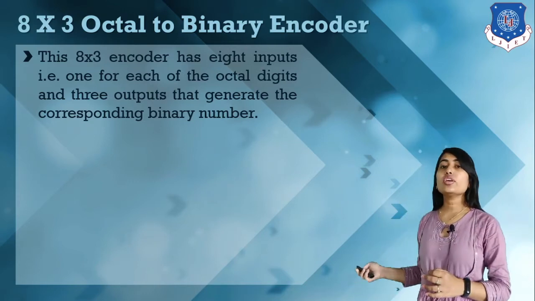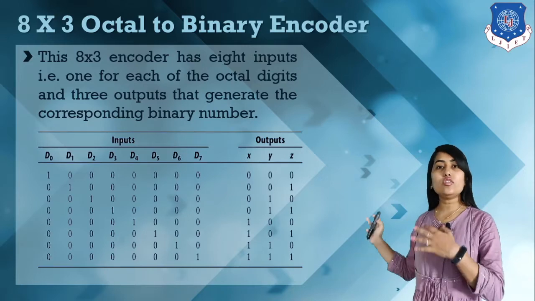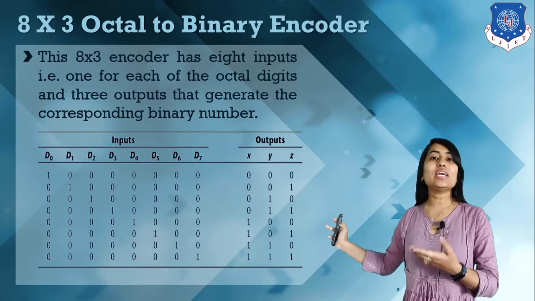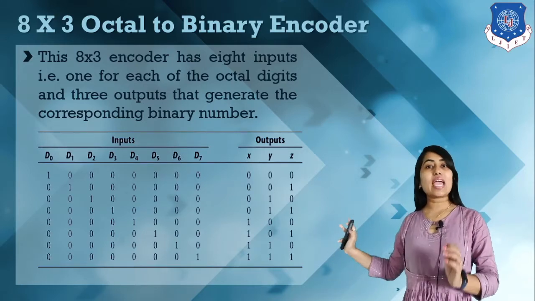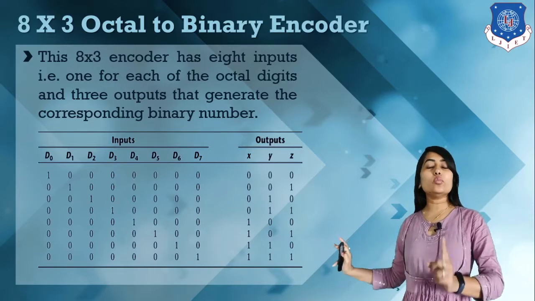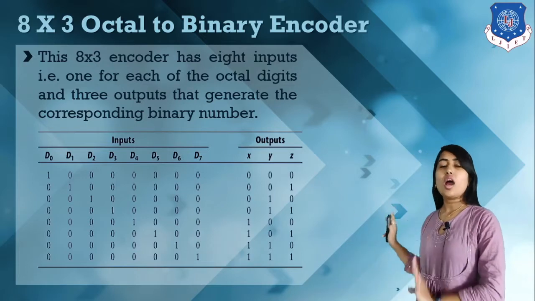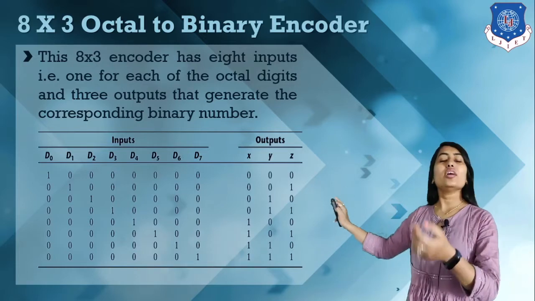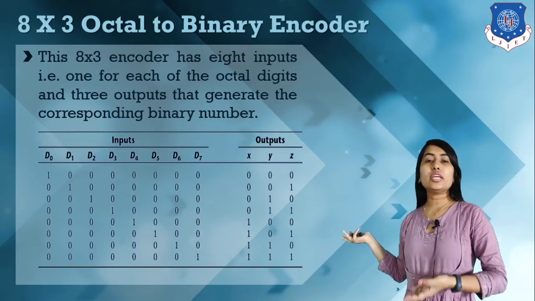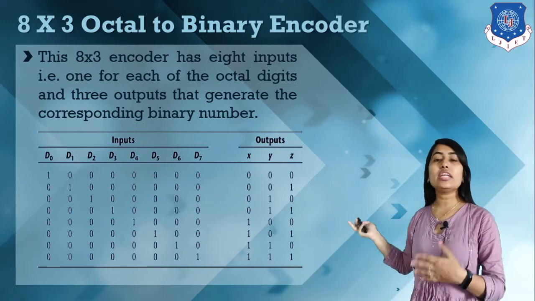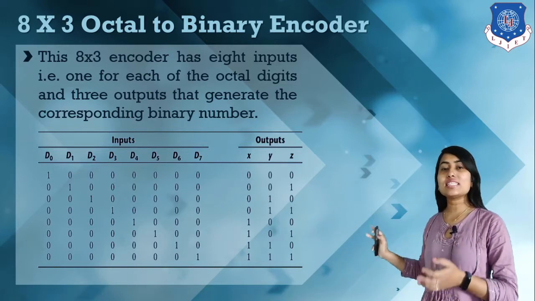So here we have this kind of table. Here we have a total of 8 input lines, and at a time only one input is active high, and according to that input we have the outputs accordingly. So here we have a total of 8 inputs, that is D0, D1, D2, D3, D4, D5, D6, D7.